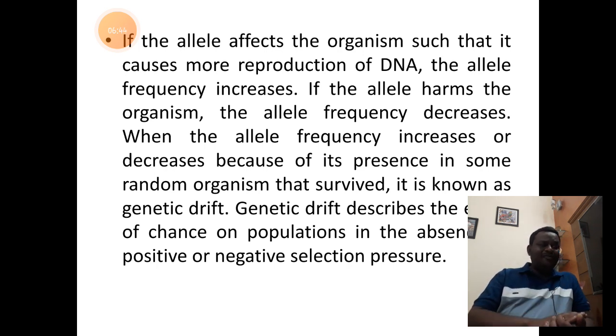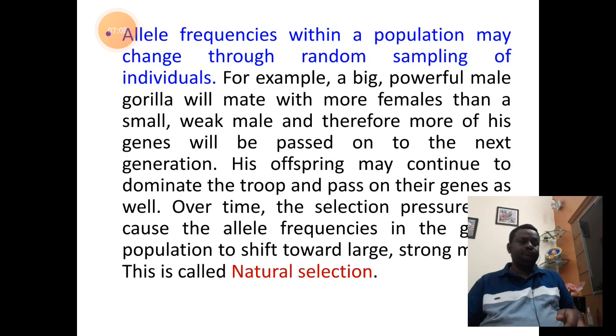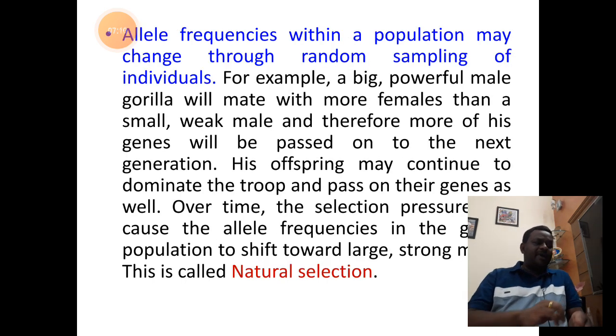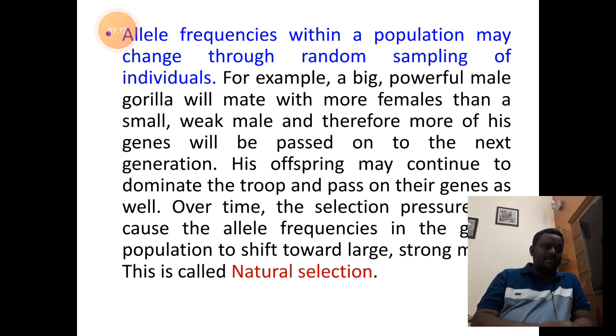If it is harmful, we call it negative selection pressure. So positive selection pressure brings in genetic variations which are helpful to the organism. Negative selection pressure will bring in harmful genetic allelic frequency in them. How does this allelic frequency within a population show the change?